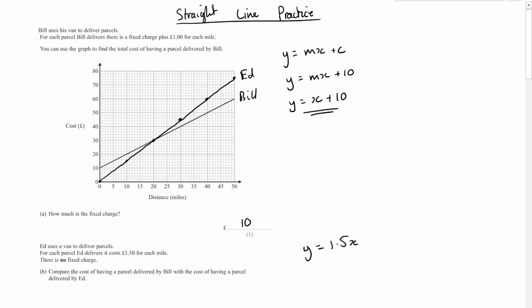And what we can say now to compare them is, under 20 miles the cost is the same. Sorry, not the same. The cost of Ed is cheaper than Bill under 20 miles.